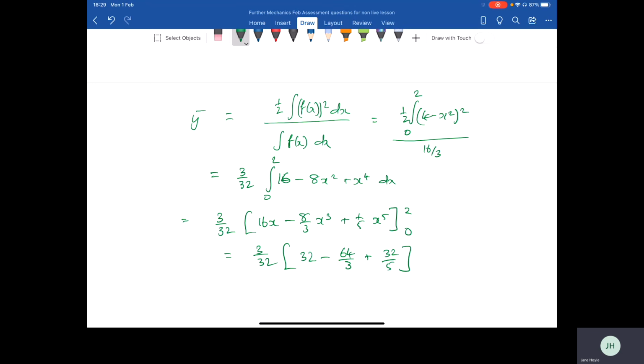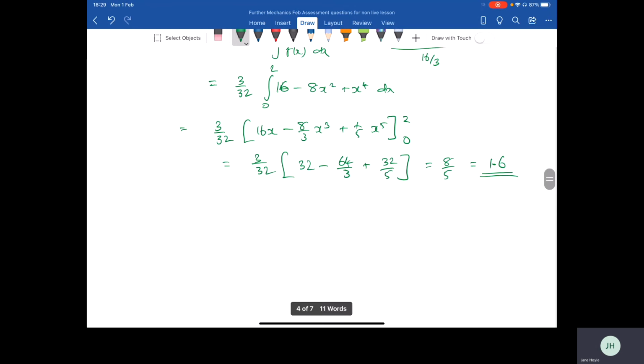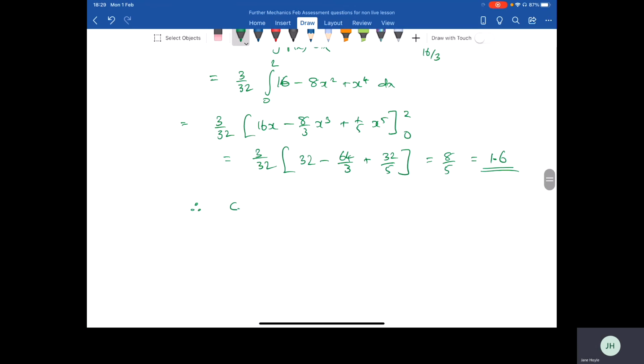Evaluating at 0 is 0. 8 over 5. Yeah, so we get the correct answer there. So the centre of mass is at, it was 3/4, 1.6, go on, I should be consistent. I'm doing mechanics, 0.75 and 1.6.